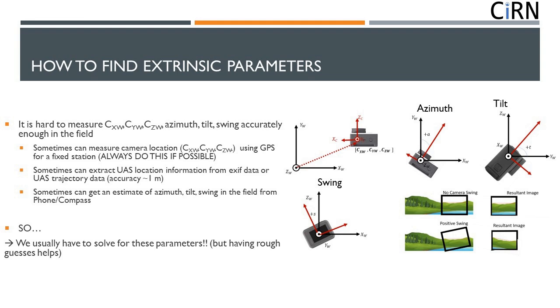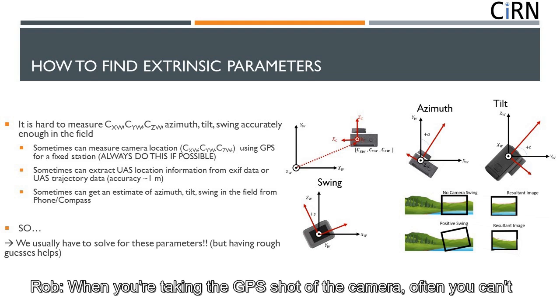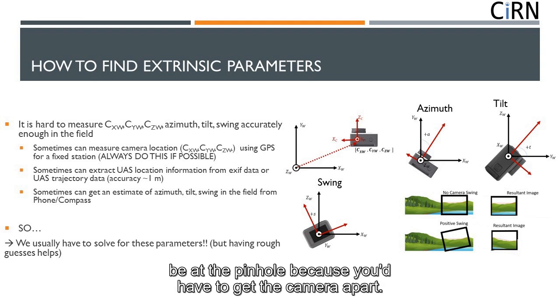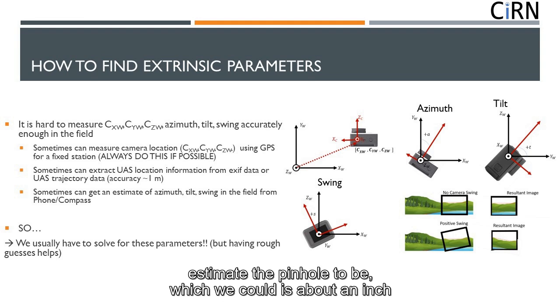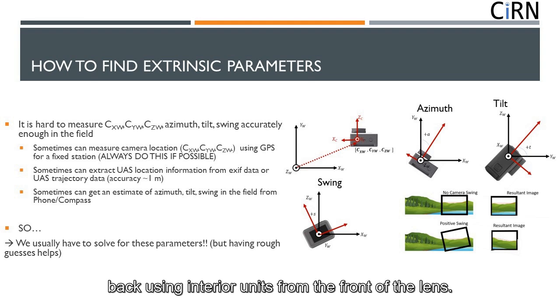When you're taking the GPS of the camera, often you can't be at the pinhole because you'd have to get the camera apart. So we would usually take a shot to the top of where we estimate the pinhole to be, which we think is about an inch back, using imperial units, from the front of the lens.